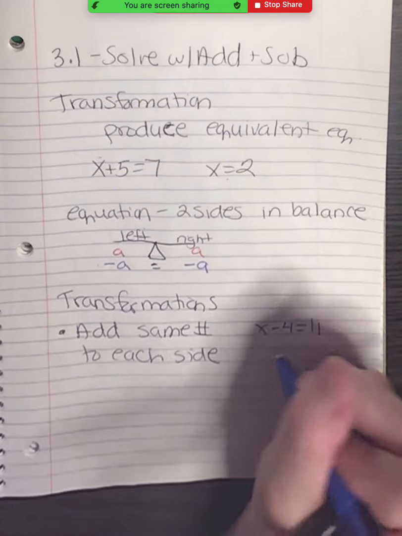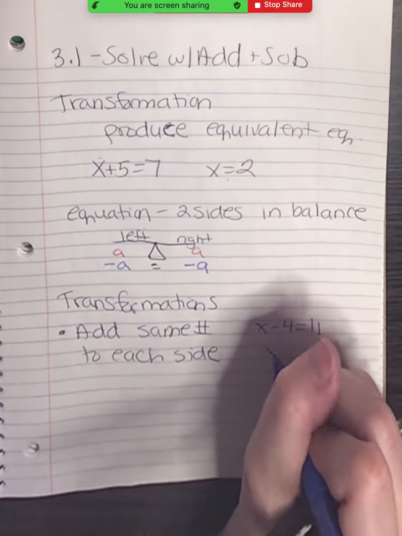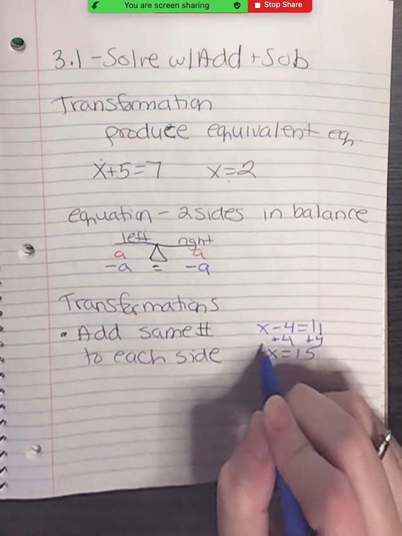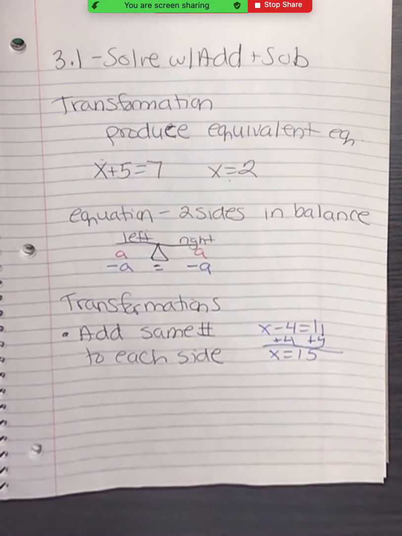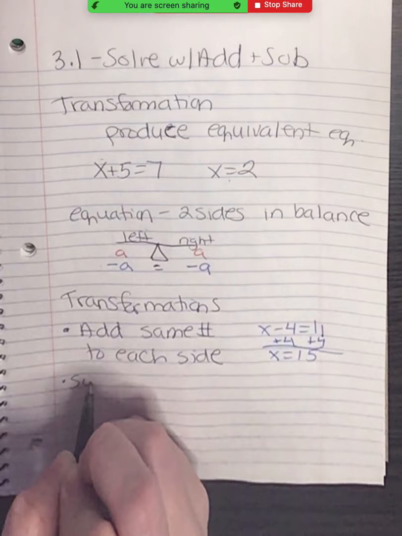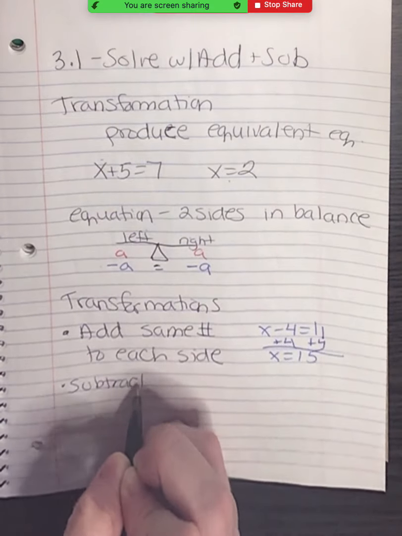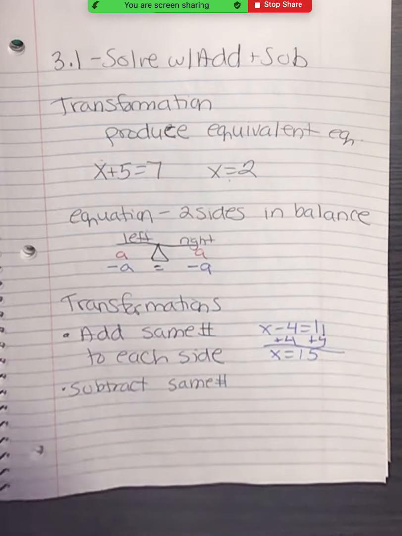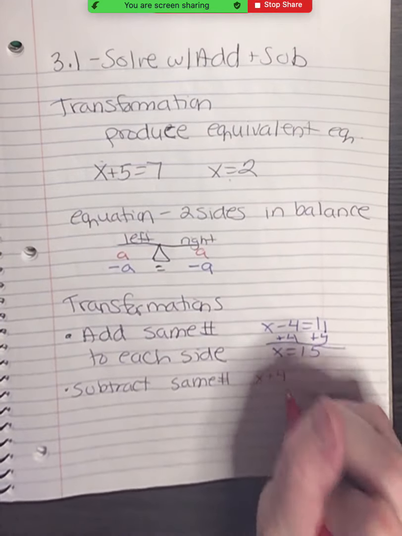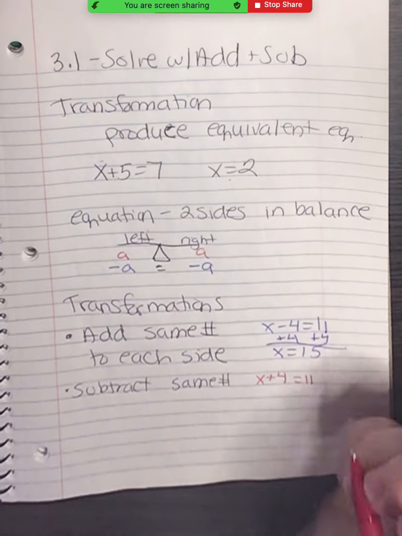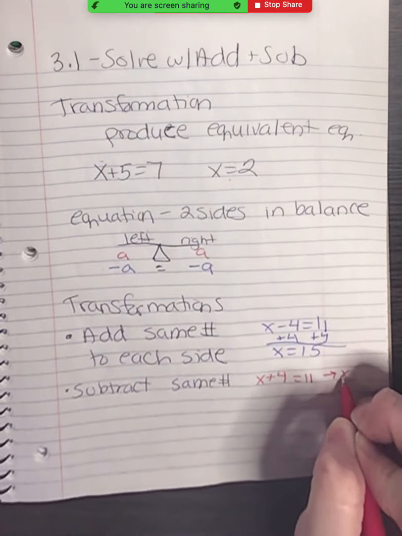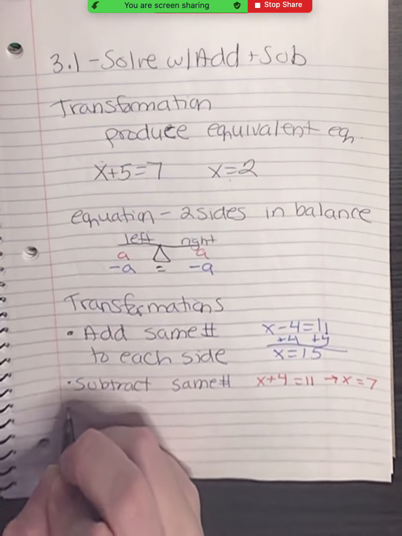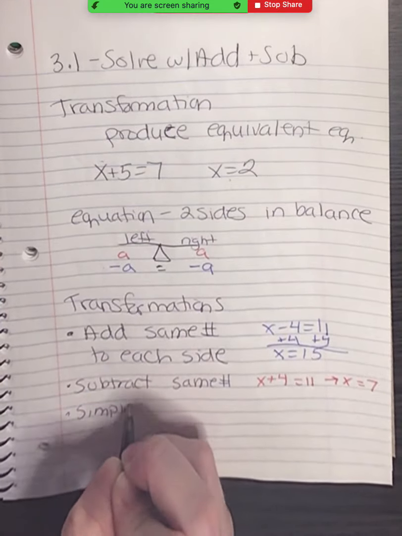So if I add 4 to both sides, okay, I kept it balanced. I can subtract the same number from both sides. So if I have x plus 4 equals 11, subtracting 4 from both sides, I would get x equals 7. They're equivalent.